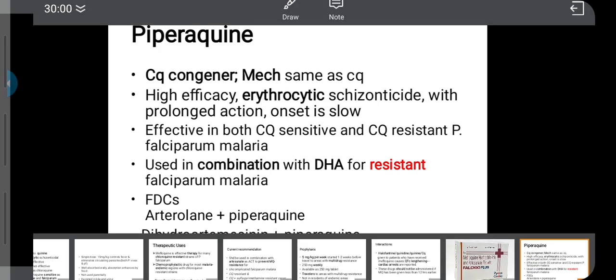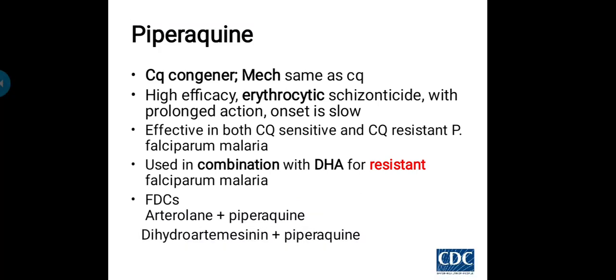Piperaquine, which is not commonly used, is also a chloroquine congener, and it is a high-efficacy erythrocytic schizonticide, and not used alone. It should be used with dihydroartemisinin, that is one group of artemisinin drug, for resistant falciparum malaria. And there are two combinations available: dihydroartemisinin plus piperaquine and arterolane plus piperaquine as part of the ACT.